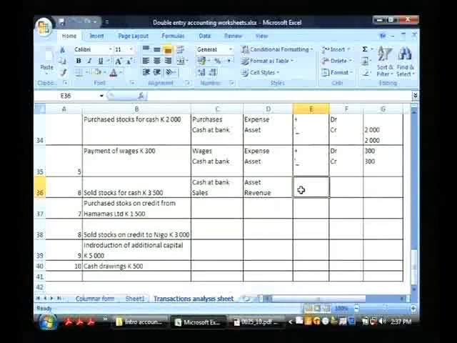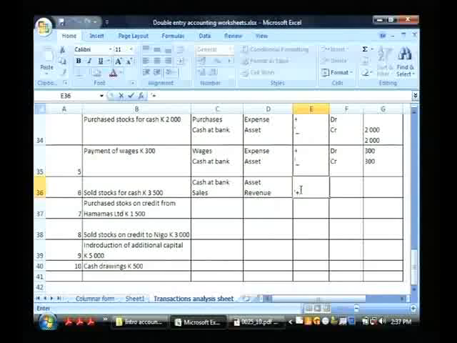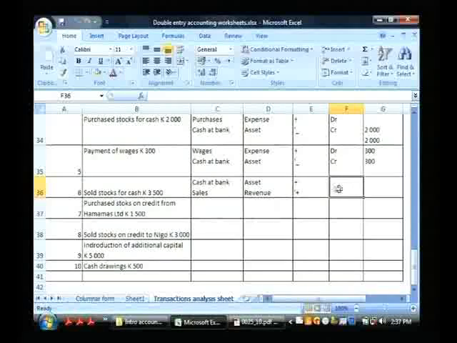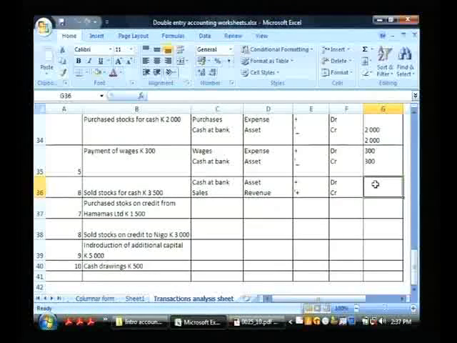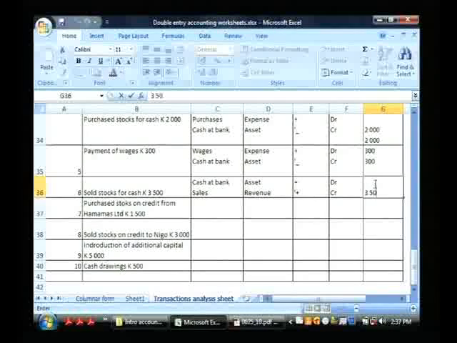Cash received, therefore increase of asset, and revenue also increased. Increase of asset, debit, increase of revenue, credit. Amount involved here is 3,500, included in the last column.